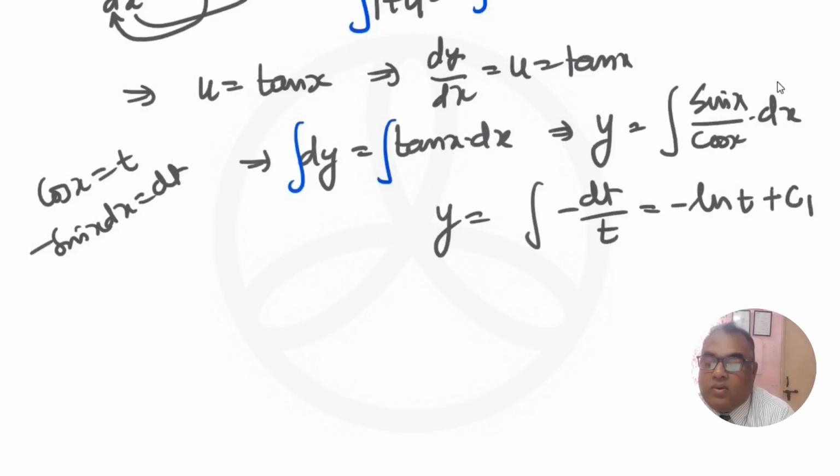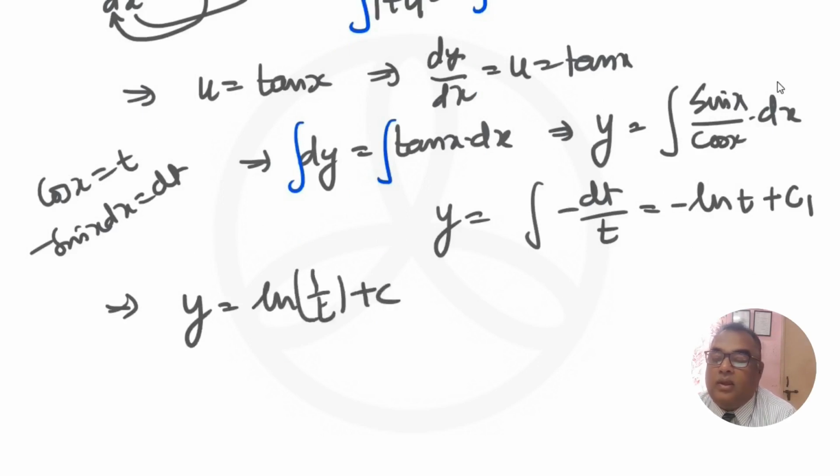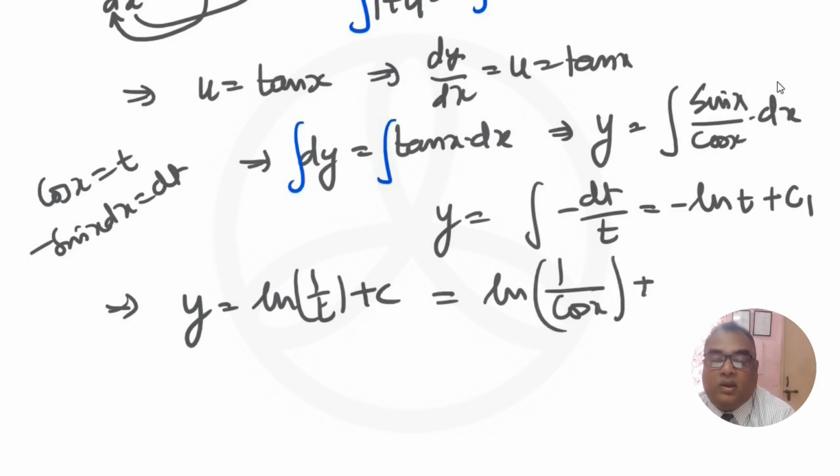Y is equal to ln of 1/t plus c is equal to ln of 1/cos x plus c. In place of c, let us put ln c1 as a constant.